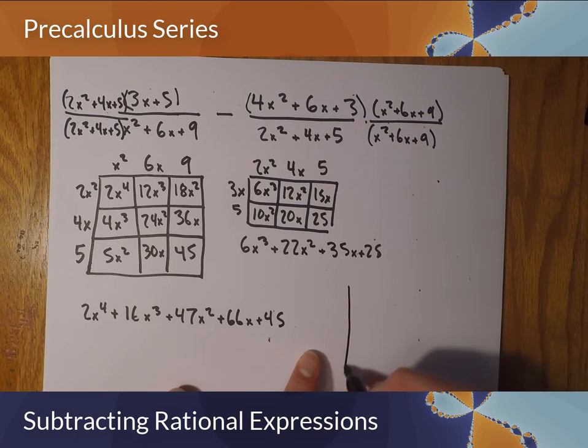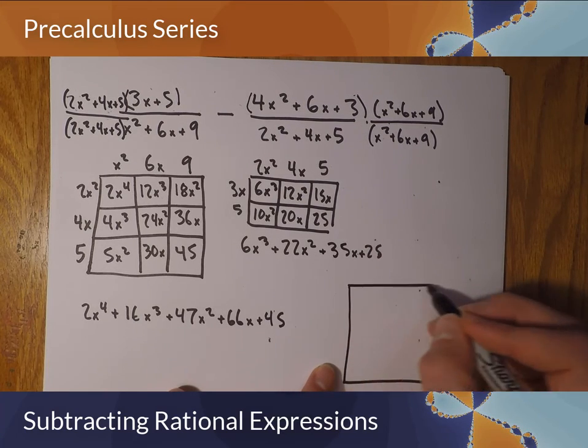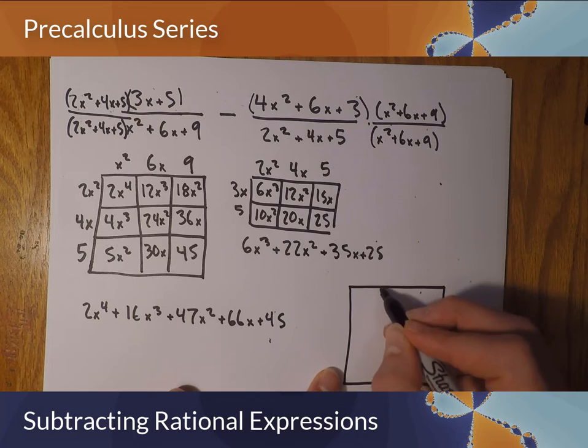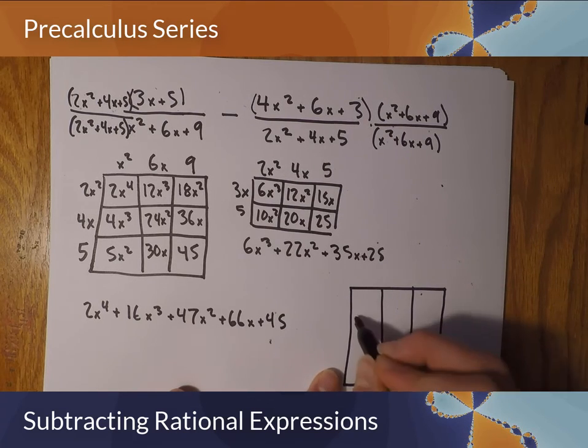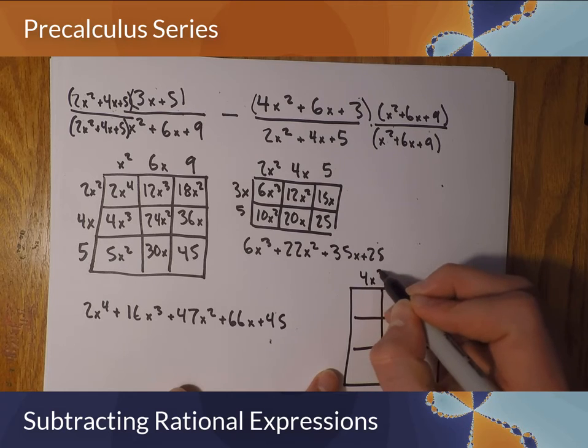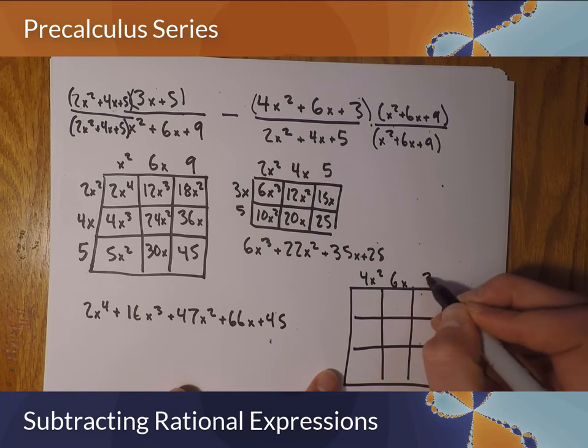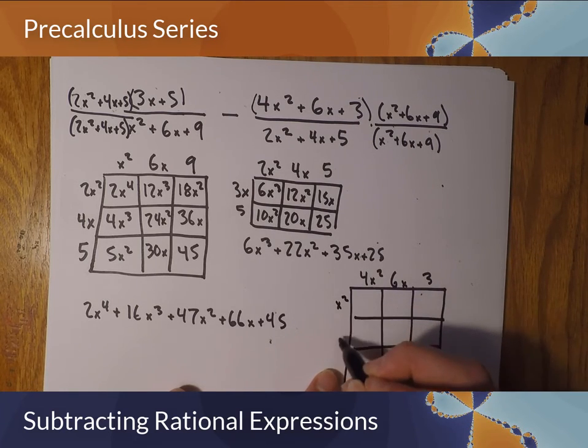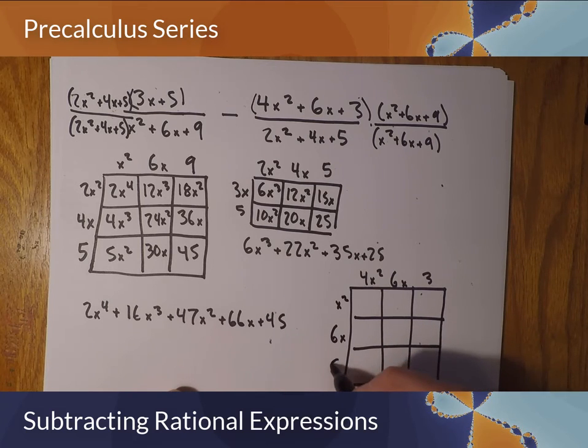So we have 4x squared plus 6x plus 3, and we have x squared plus 6x plus 9.